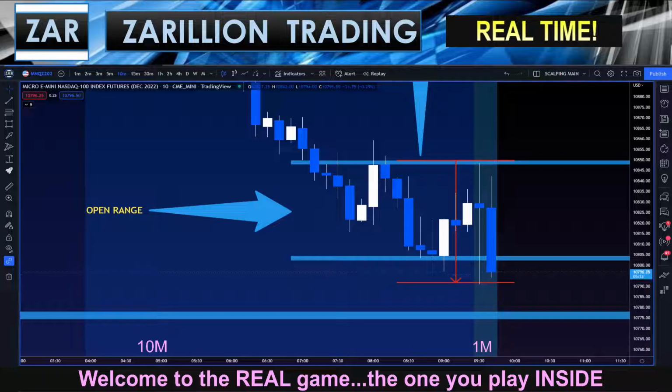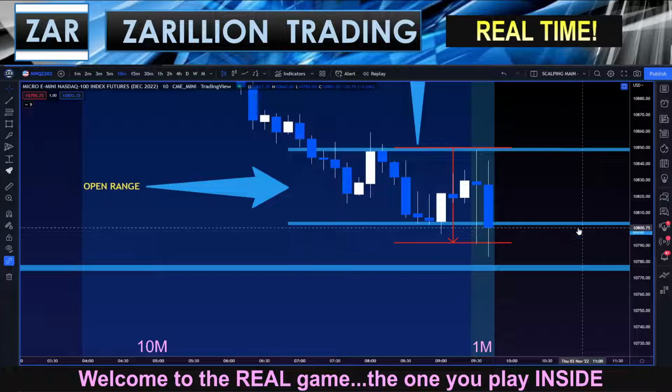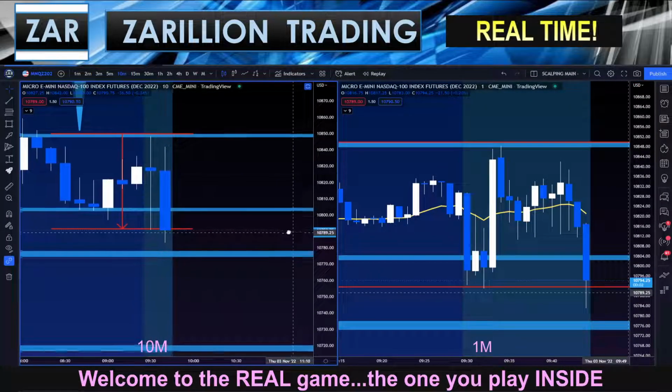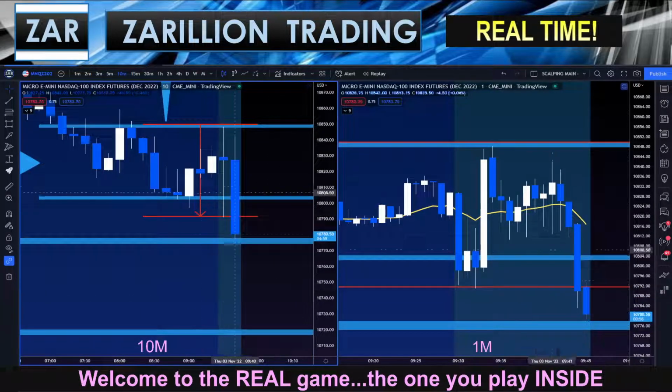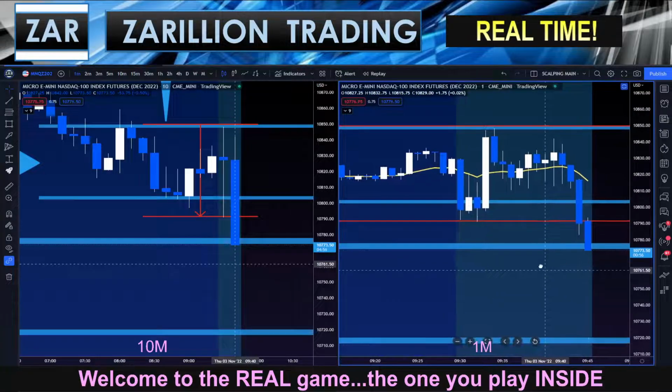Getting some movement now. I just sent the note range bound to my group, and all of a sudden it threatens to break out. Here we go. Finally some movement. Let's see what we can do here.